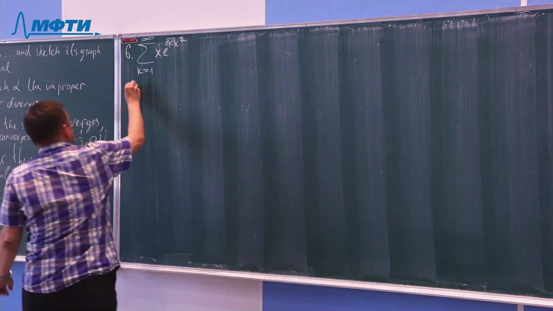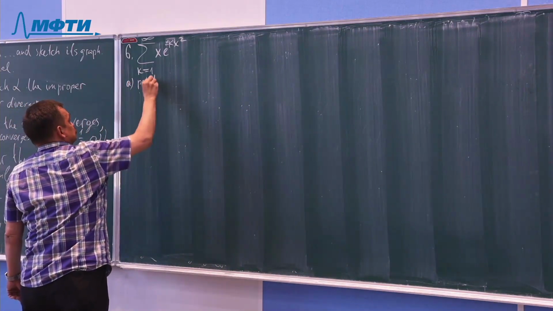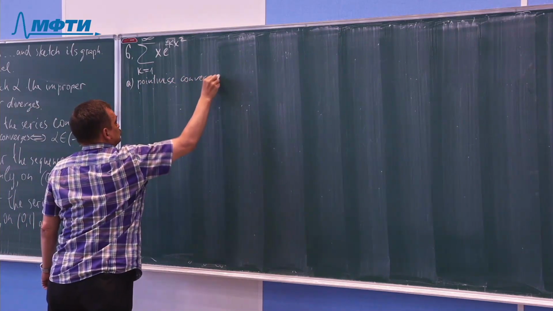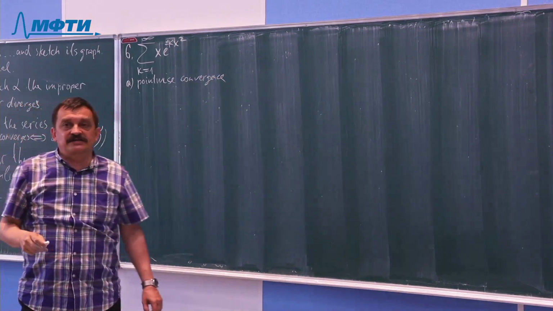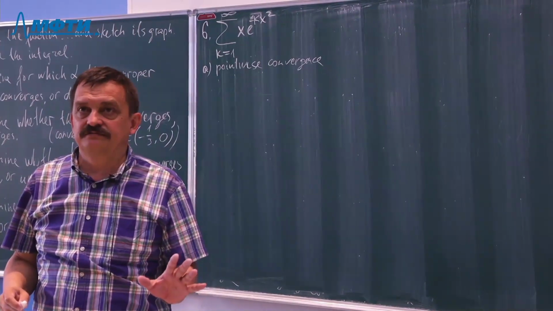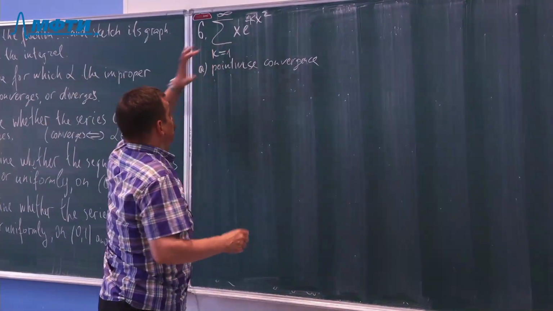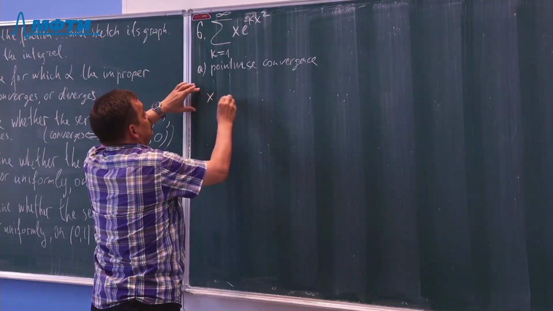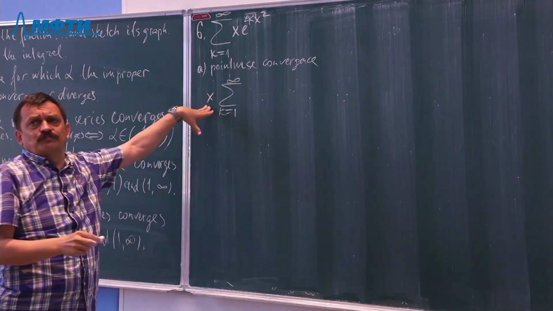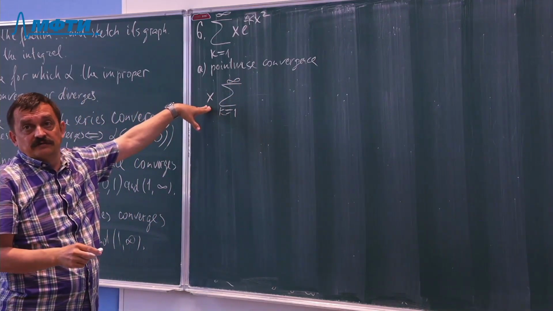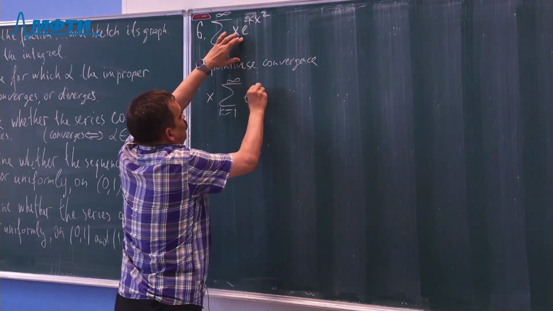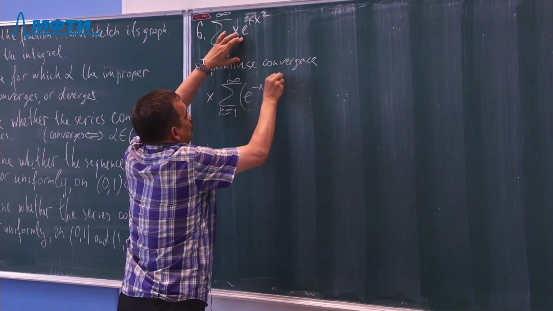Okay, once again, we start with pointwise convergence. When we consider pointwise convergence, we fix x. X is fixed, and it means we may write our series as follows: x times, a constant multiplier is not important for convergence, right? And x is fixed. And here we have e to the power minus x squared, to the power k, right?